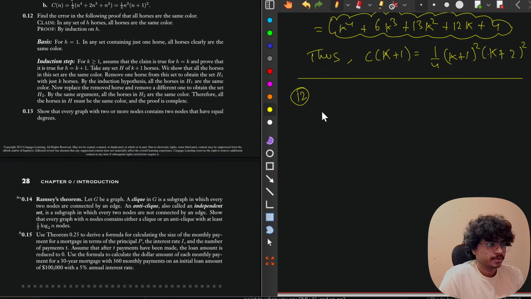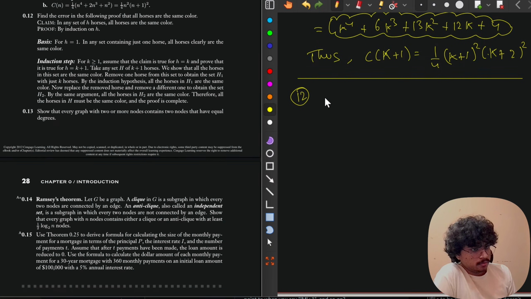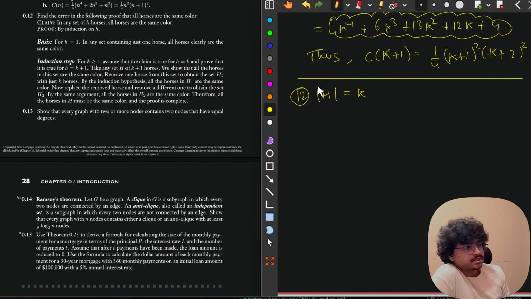Now for k equals 1, let's say the claim is true for k horses, and we add another horse. It should be the same color. Remove one horse from this set to obtain the set H1 with just k horses. By the induction hypothesis, all the horses in H1 are the same color.